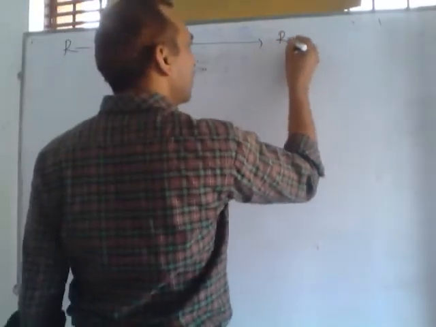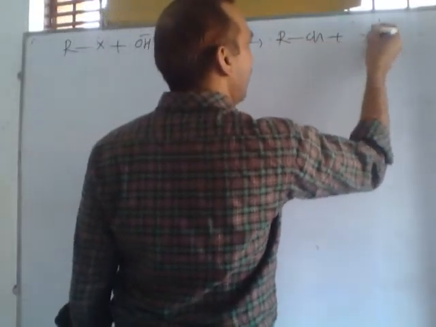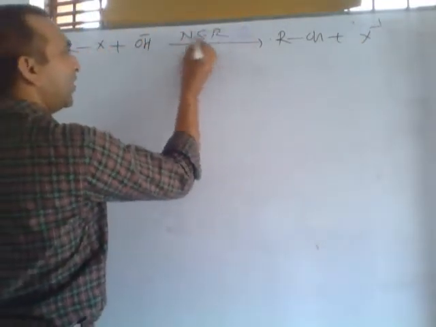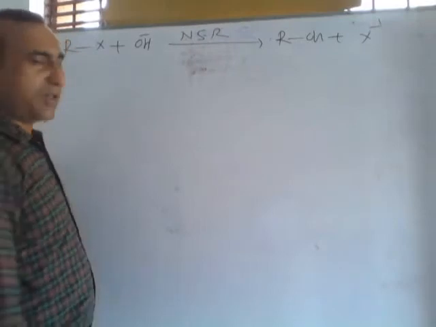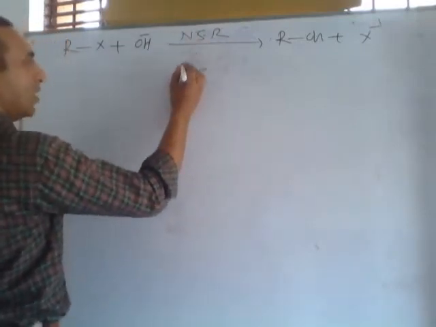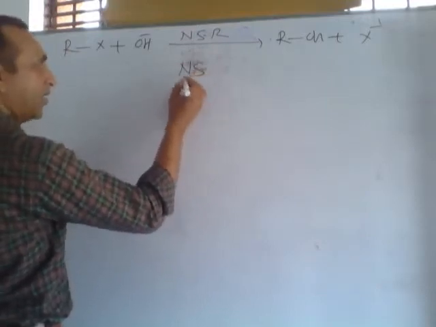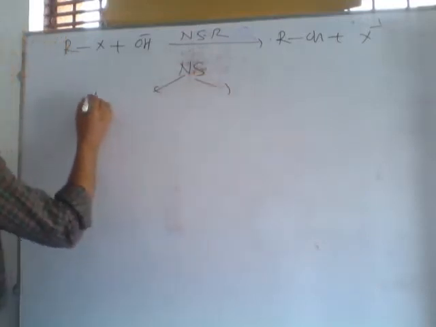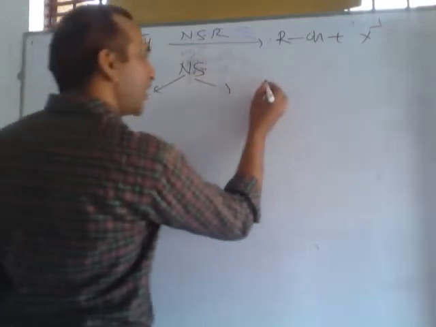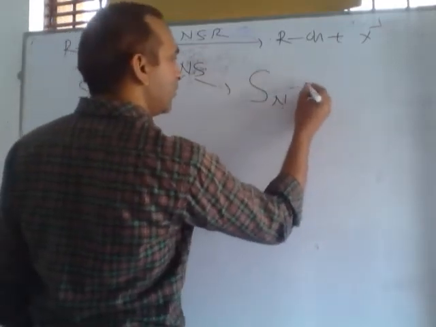After the reaction, the products are formed. This is called NSR, nucleophilic substitution reaction. Nucleophilic substitution reactions are of two types. First is SN1 and second is represented as SN2.